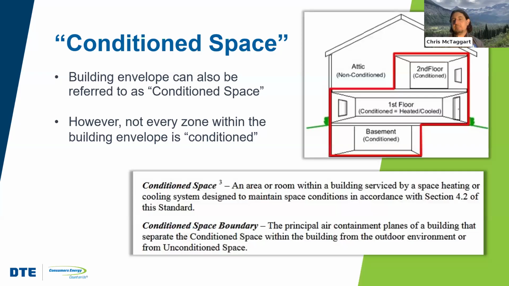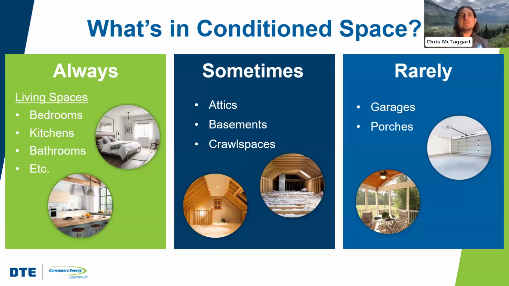So take that basement again. Maybe it's directly conditioned, or maybe it's not. But if our primary air barrier and thermal barrier is at those basement walls, then it's probably part of conditioned space. So moving on here to other things to consider.